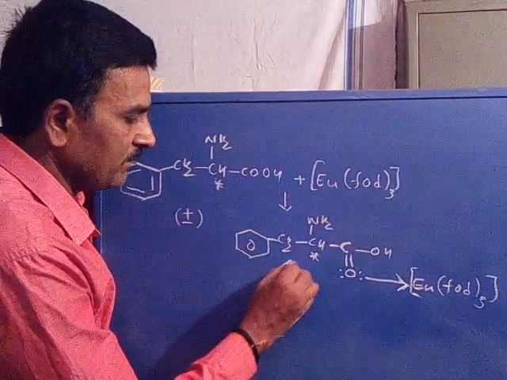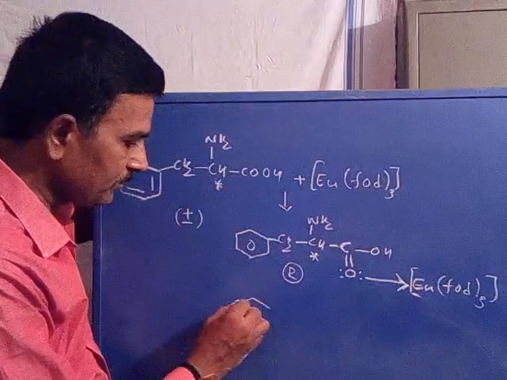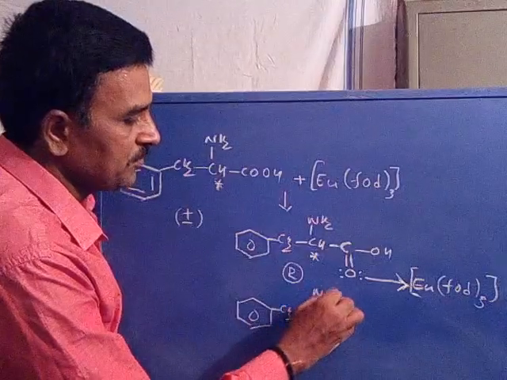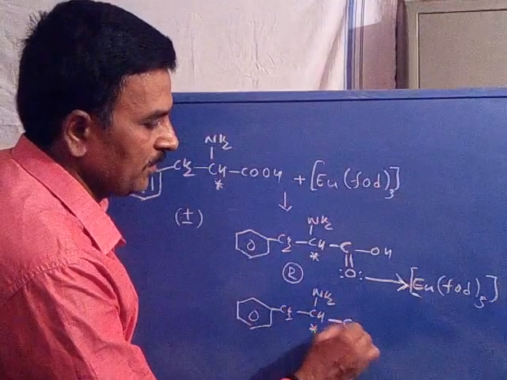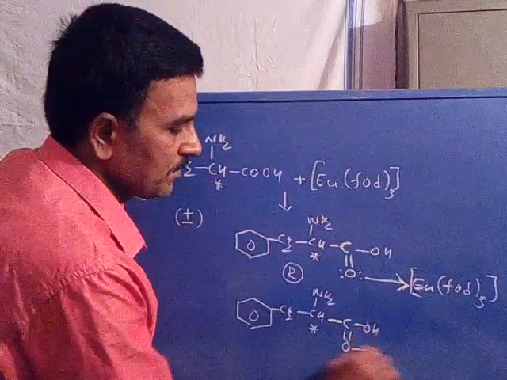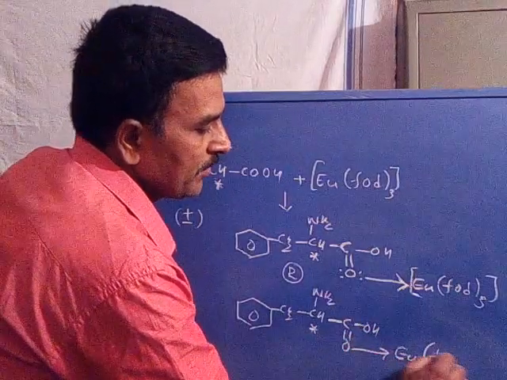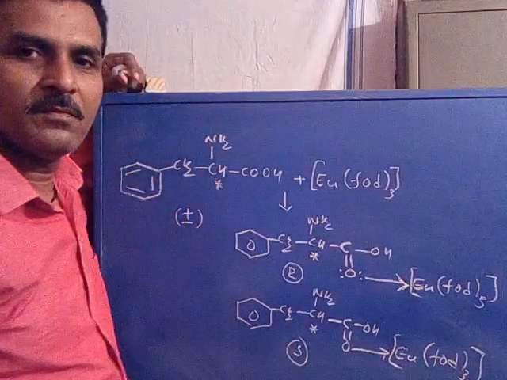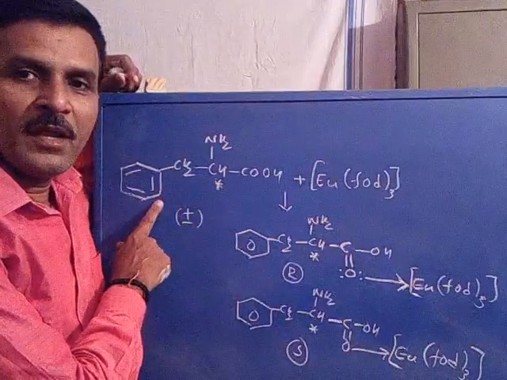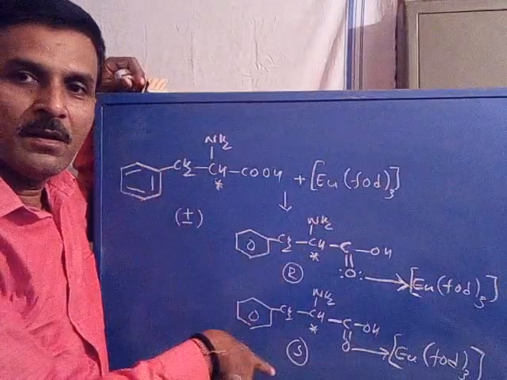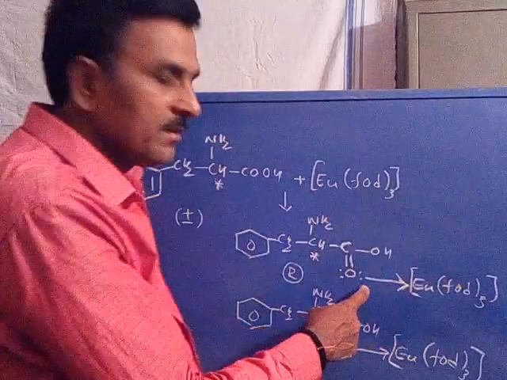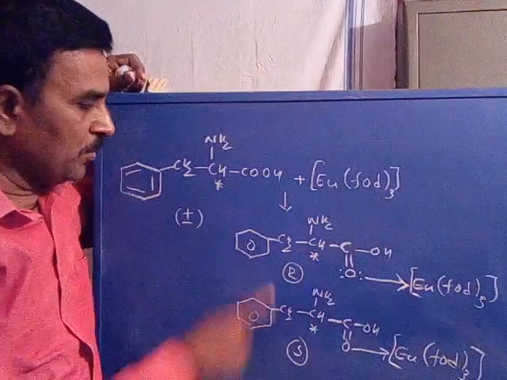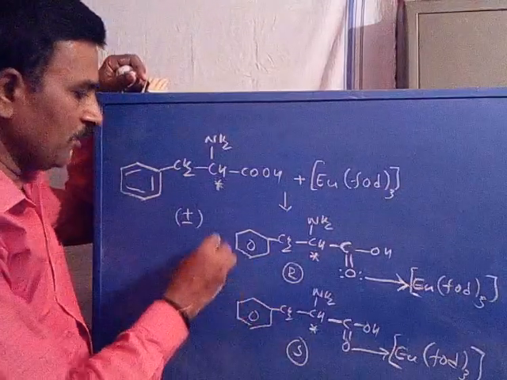Say it may be R. Another one, CH2 CH NH2 star C double bond O OH, coordination with the europium FOD complex. Say this is S. What happens? An enantiomeric pair is transformed into diastereomers by a simple coordination through oxygen non-bonding electrons with the europium atom of the complex, to form R and S. This is a diastereomeric mixture.